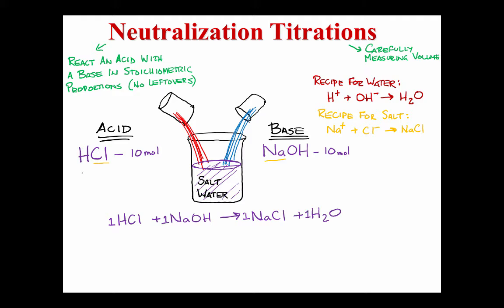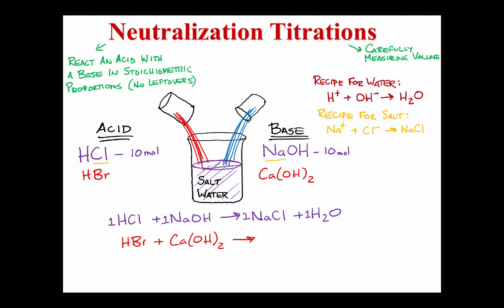Now, what if I neutralize some hydrobromic acid with some calcium hydroxide? How would this neutralization process be different? Remember, the recipe for making water is to mix hydrogen ions with hydroxide ions, but I have 2 moles of hydroxide ions. So I'll need to have 2 moles of hydrogen ions, which must be provided by 2 HBr.